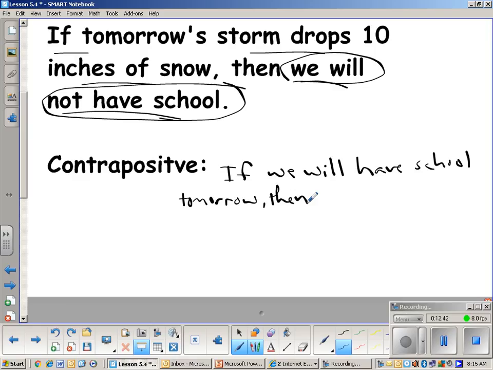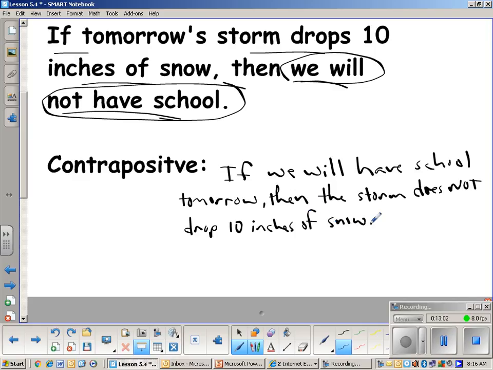Okay, then the storm does not drop 10 inches of snow. Okay? So you have to negate both the hypothesis and conclusion and switch places with them to get the contrapositive.